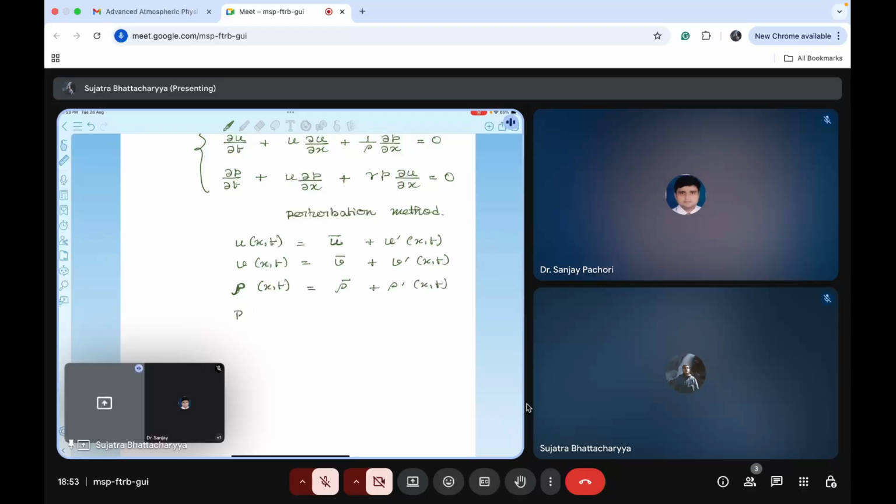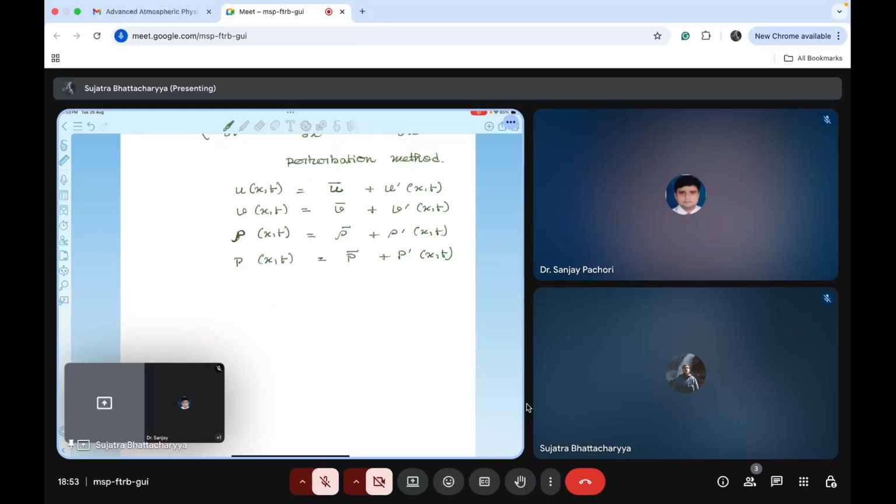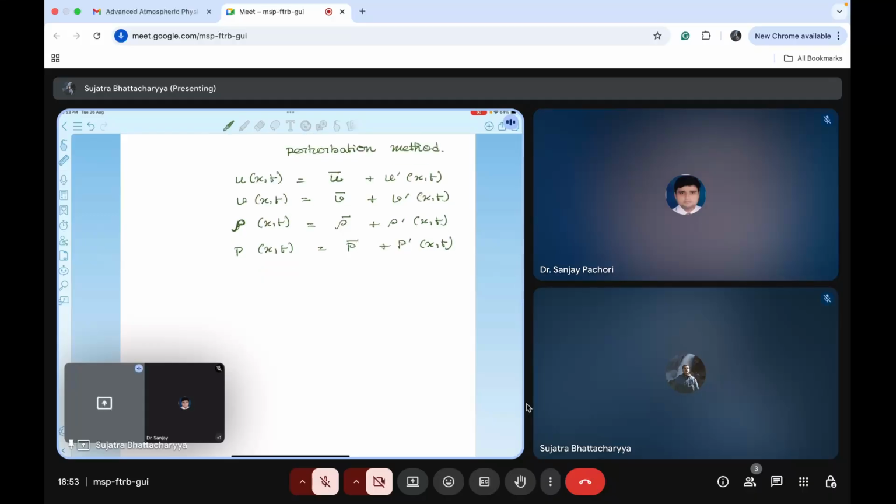And finally, the pressure P is P bar plus P dash of x,t. Okay, so everywhere it is mentioned that your base state is almost a constant state, that is, a zonally averaged and time mean state. So it is not varying with space and time.